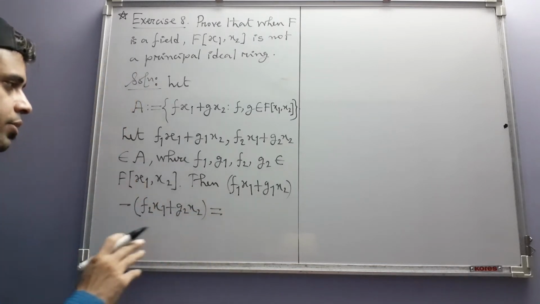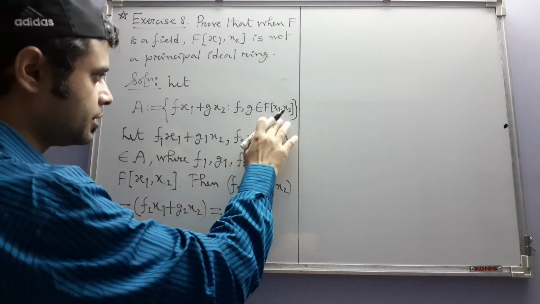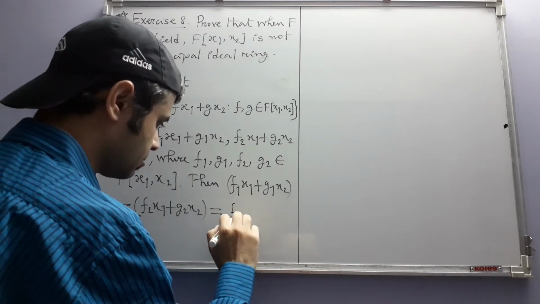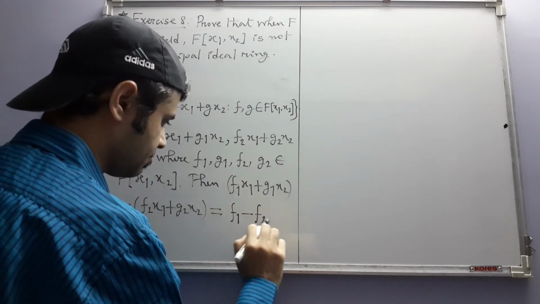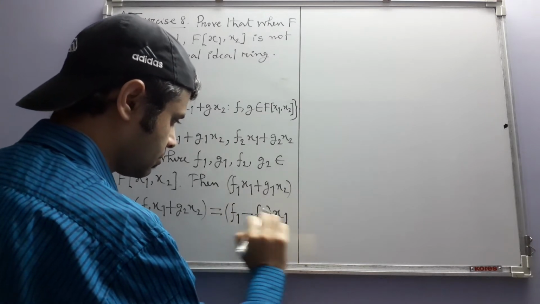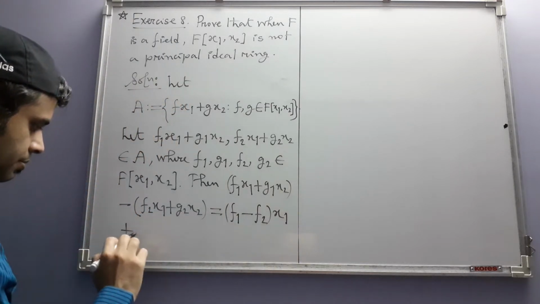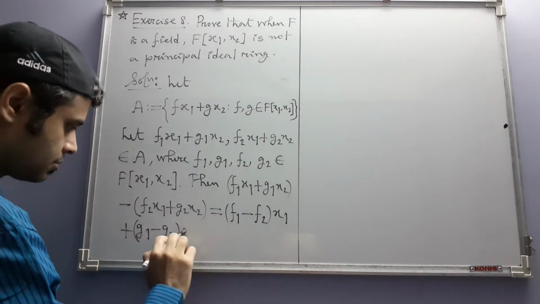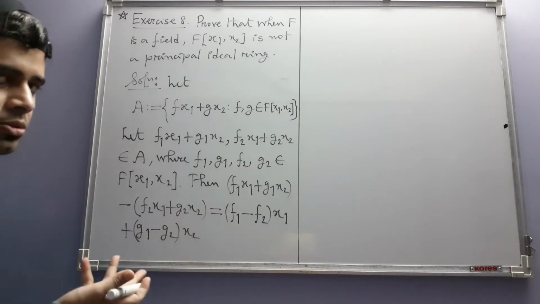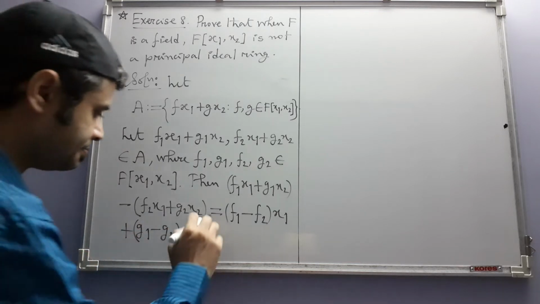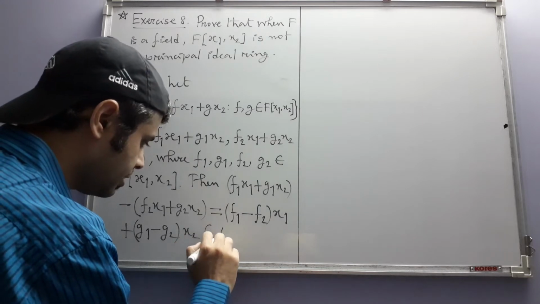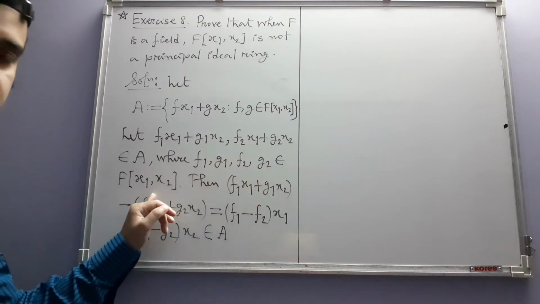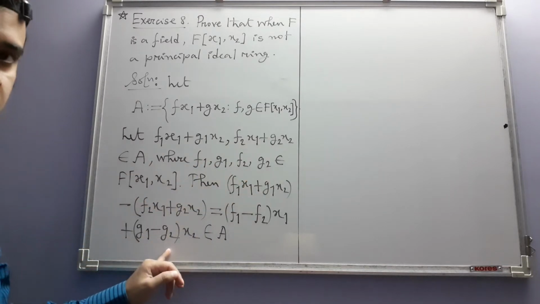Using all the axioms that are available in this ring, this difference can be written like this: f1 minus f2 times x1 plus g1 minus g2 times x2, where we have used the distributive law and other things. And you can see that this again belongs to A, because f1 minus f2 is again in this ring, and so is g1 minus g2.